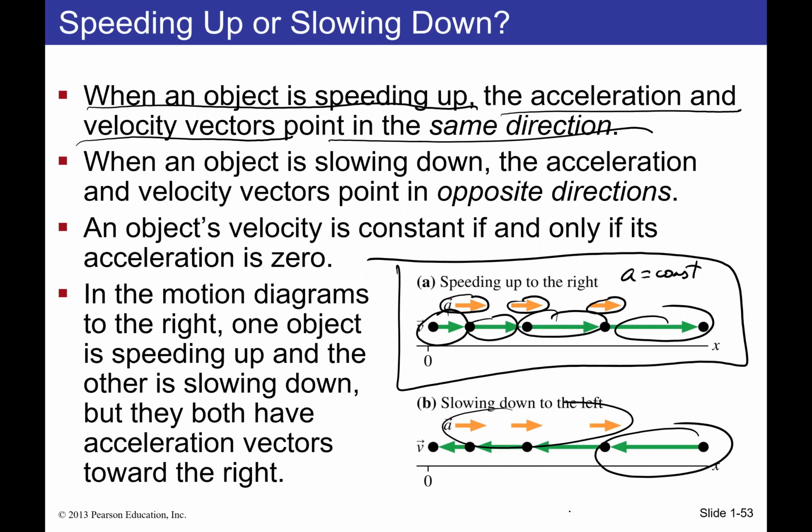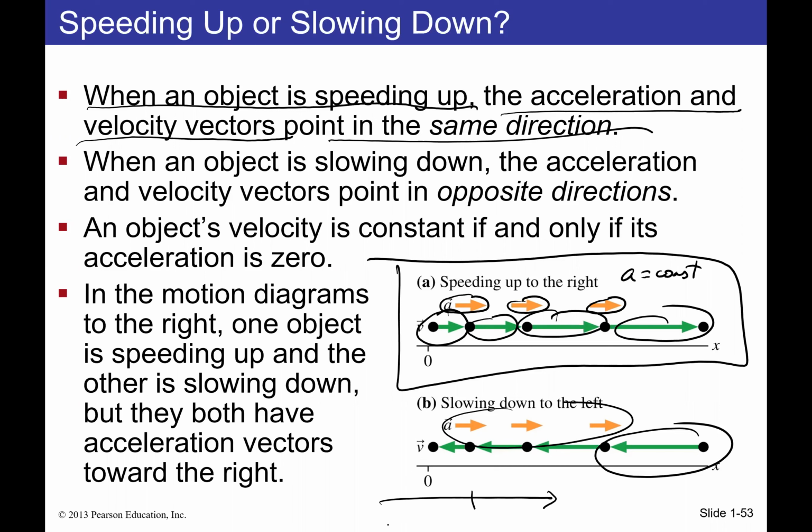So negative velocity, but positive acceleration, positive because it's pointing to the right. Remember, in the general coordinate system, to the right is positive, to the left is negative. Negative just means to the left, so sometimes I say left, sometimes I say negative. Those are basically the same thing.